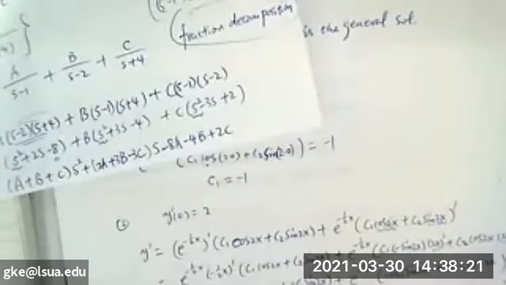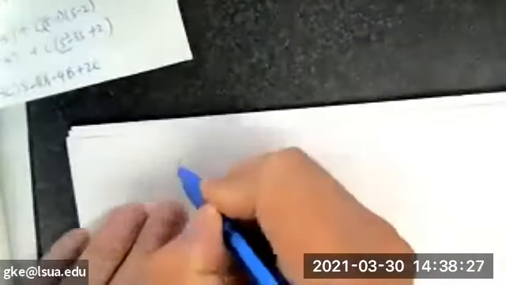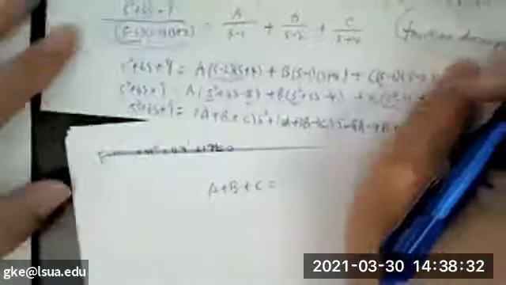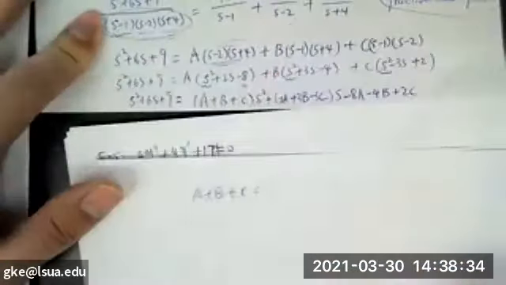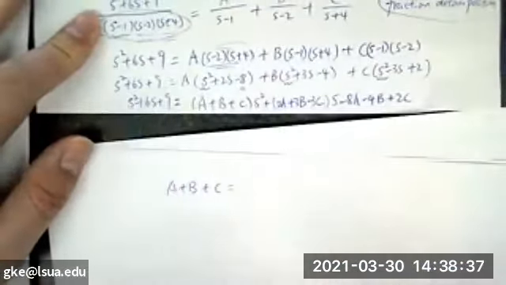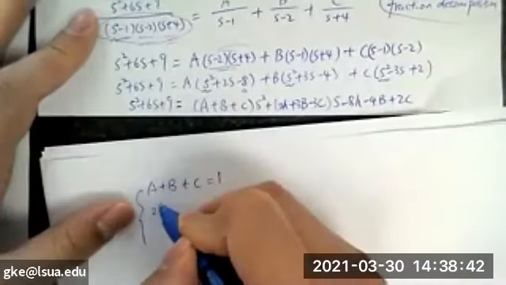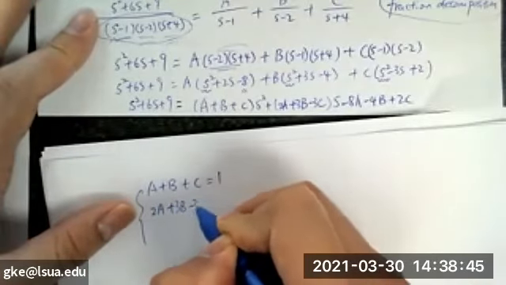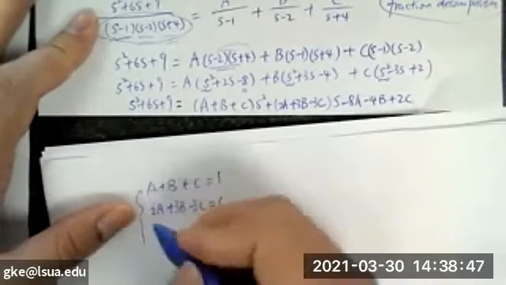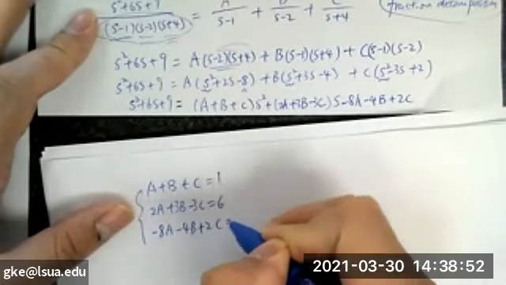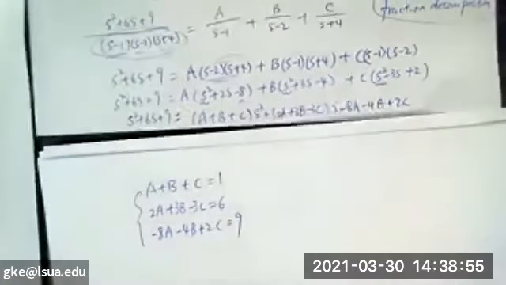So we can write down a plus b plus c equals, what? Equals 1. 2a plus 3b minus 3c equals 6. Negative 8a minus 4b plus 2c, this guy equals 9.